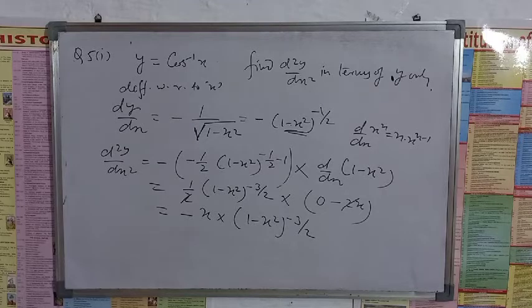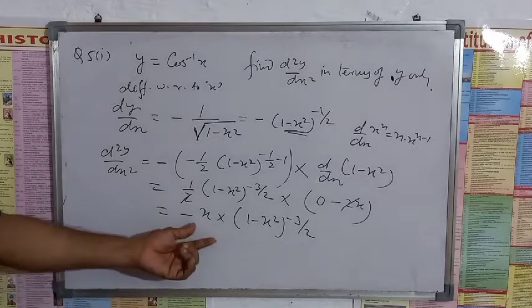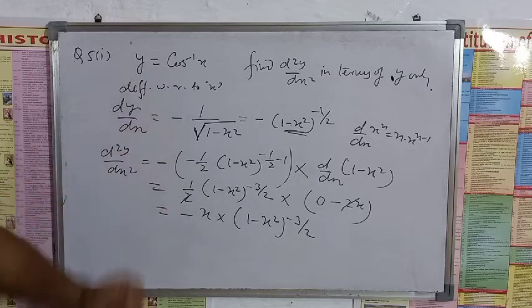To the power 3 by 2. But we have to express it in terms of y only. It is coming in terms of x, but we have to write it in terms of y.